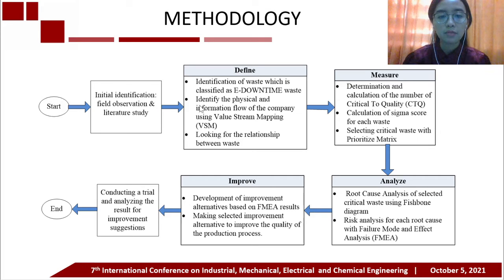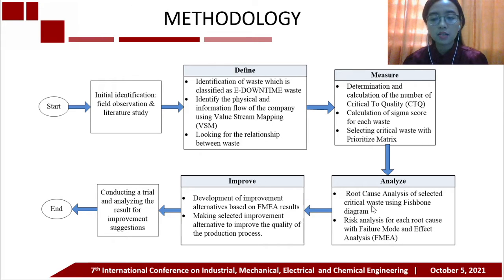identification of waste, we identify the physical and information flow using PCM, looking for the relationship between wastes. In the measure stage, determination and calculation of CTQ, number of CTQ, calculating sigma score, selecting critical waste with a prioritization matrix.